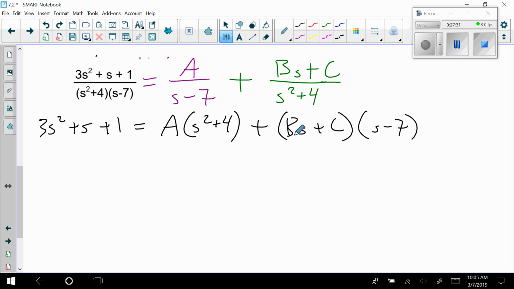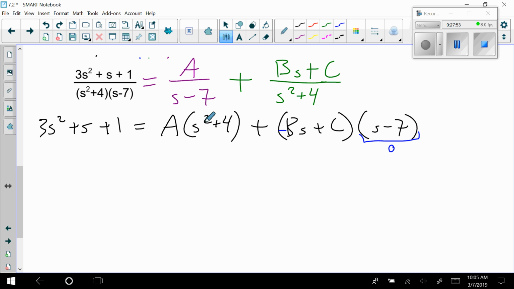What can I plug in for S right here that would get rid of all of these? Well, what makes this 0? Well, 7 does. So if I plugged a 7 in here, that would make this thing 0. Again, it's not going to matter because it's 0 times this.